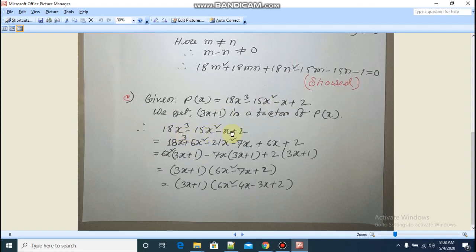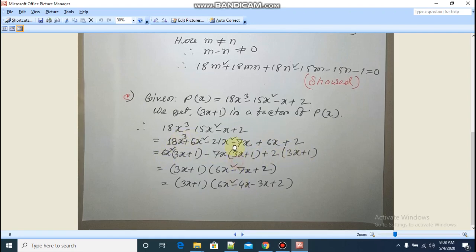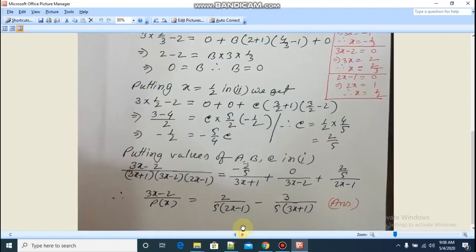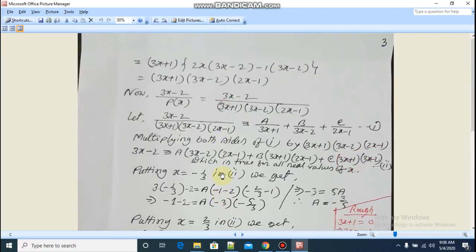18x cubed minus 15x squared minus x plus 2. At first we can write this, then this. After calculating, we get it factorizes to this. So 3x minus 2 divided by P of x equals this.